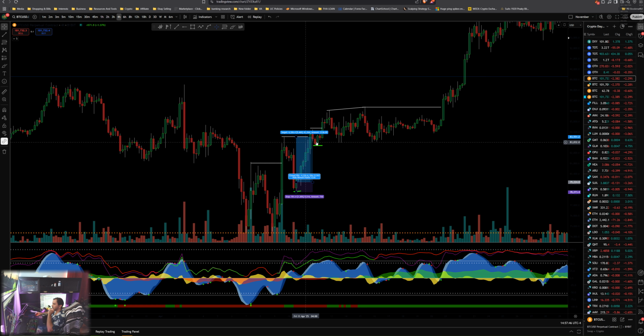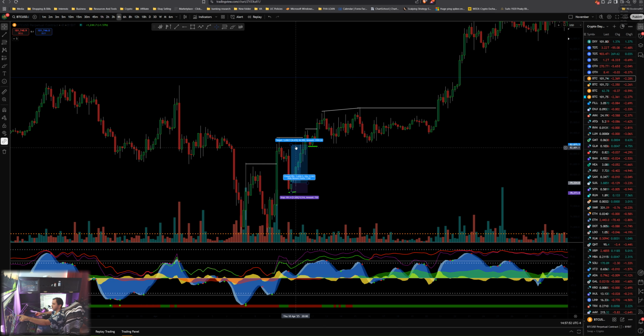And now, we did just trail our stop loss. So now our stop loss is guaranteed to give us another little more than 1.5% because it's right here. All right.